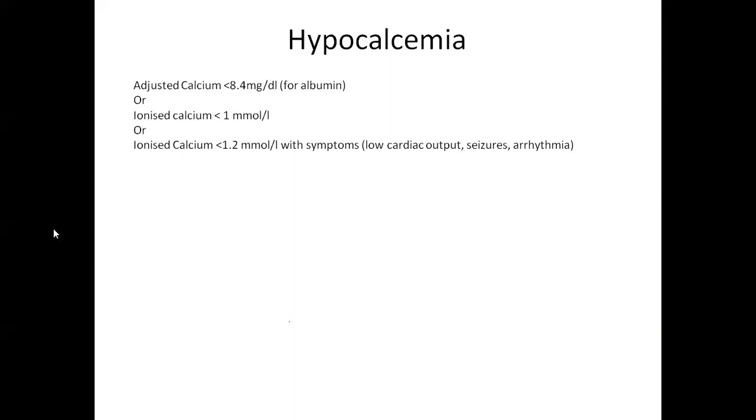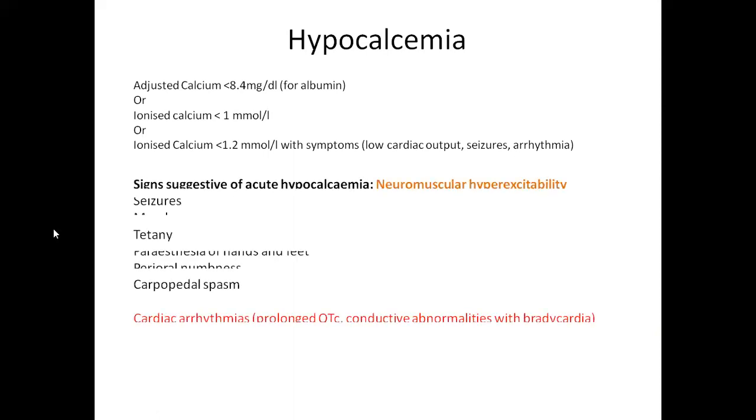So we'll quickly finish hypocalcemia. Hypocalcemia depends on what calcium you are doing, whether a total calcium or ionized calcium. The main signs and symptoms of hypocalcemia are neuromuscular excitability. It is mainly seizures, muscle cramps, tetany, paresthesia, carpopedal spasms.